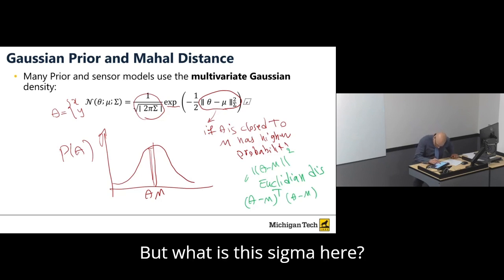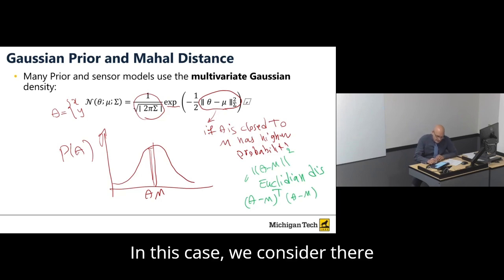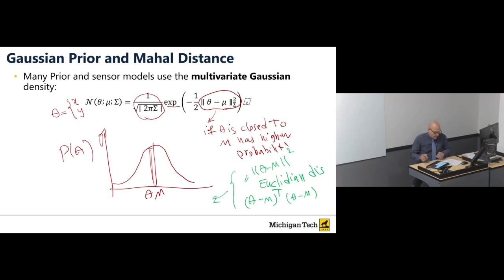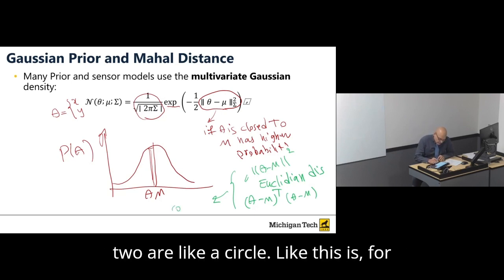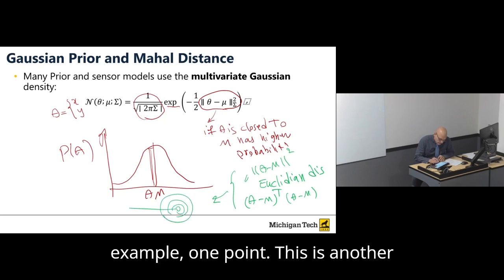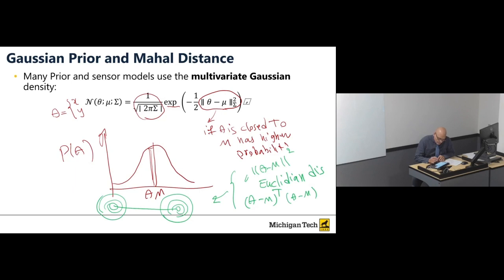But what is this sigma here? In this case, we consider there is no uncertainty, or the uncertainty between these two is like a circle. Like this is, for example, one point, this is another point.